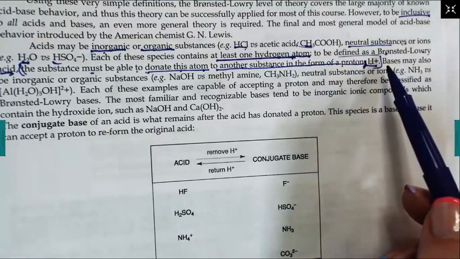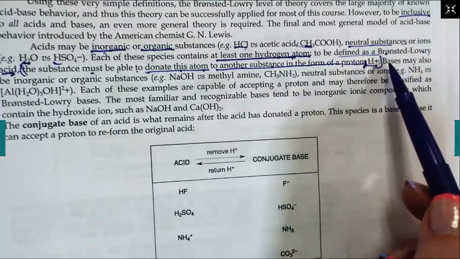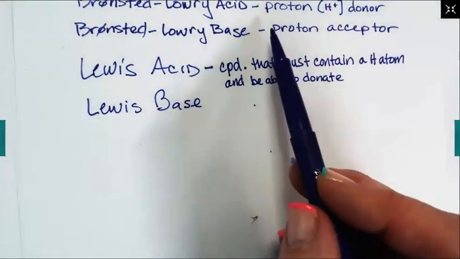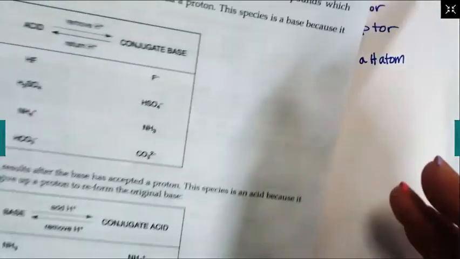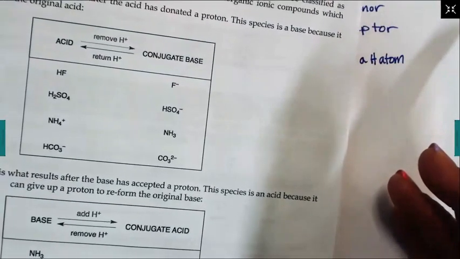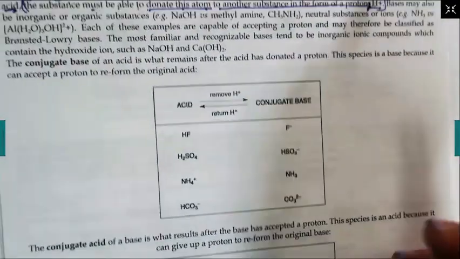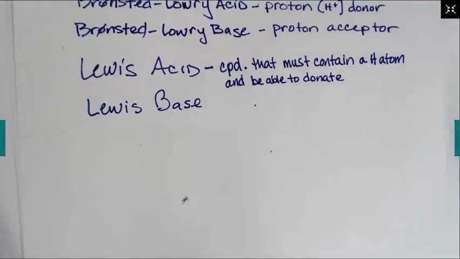That thought, but Lewis acids are ones that are defined as electron pair acceptors. But we're not at electrons yet. Oh, that was earlier? How did I miss that?